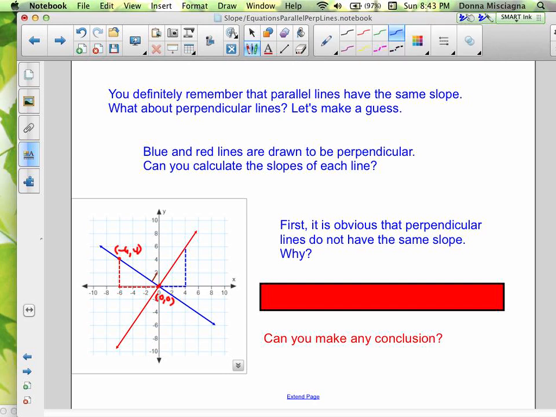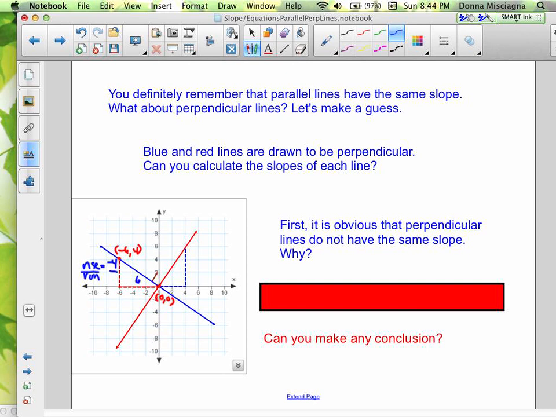So our rise, our line is going down left to right. So it's going down 4, right? It goes from +4 to 0, so that's a rise of -4. How about our run? This was -4 here, and our run here is going 6 to the right.